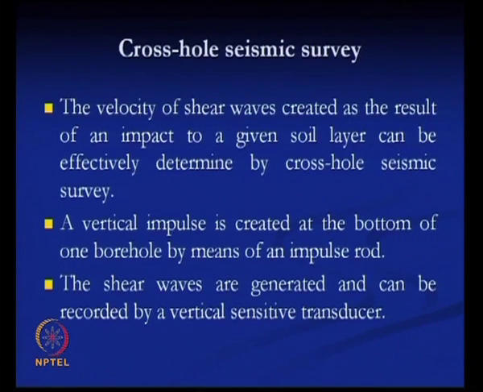But the condition in the seismic refraction survey is that the velocity of each layer should increase as we go to greater depth. If any layer does not follow this pattern, that means its velocity is less than the velocity of the layers above, then it will be very difficult to determine the properties of that layer.